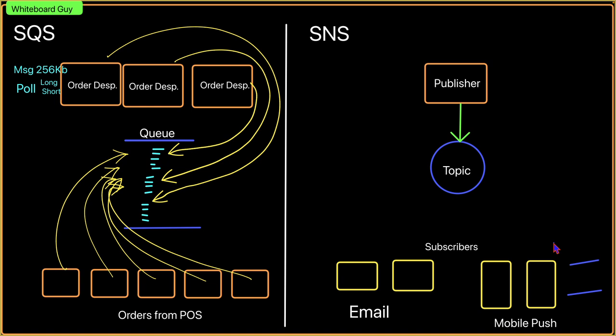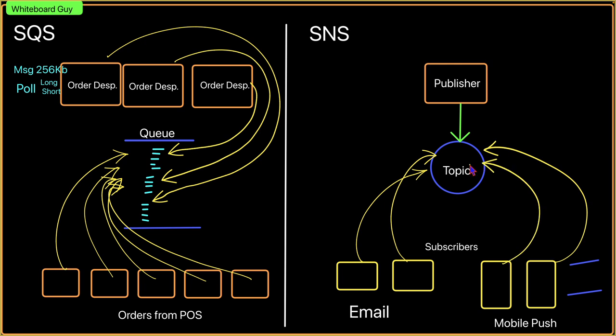What happens is that my subscribers, they go and they subscribe to these services. So I'll go subscribe, subscribe, subscribe, subscribe to that service. The moment a publisher publishes a message to that topic, what happens now is that those who subscribe to that service will receive that message coming through from the publisher by the topic that they've subscribed to, and send that out.